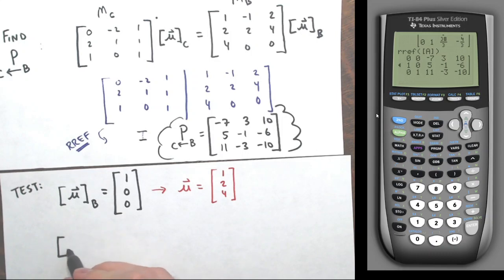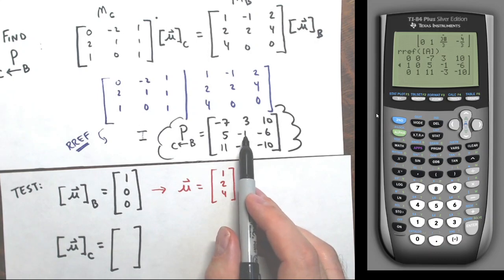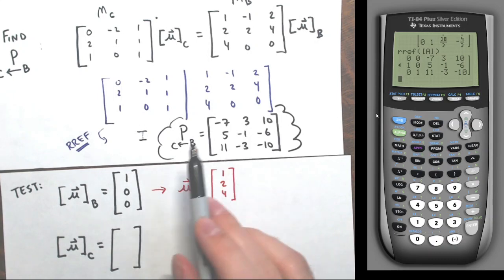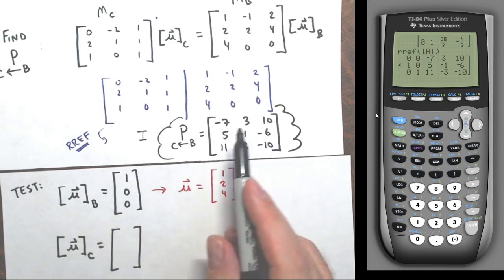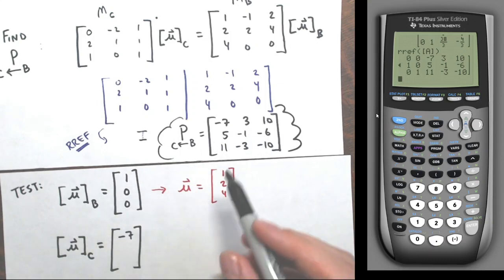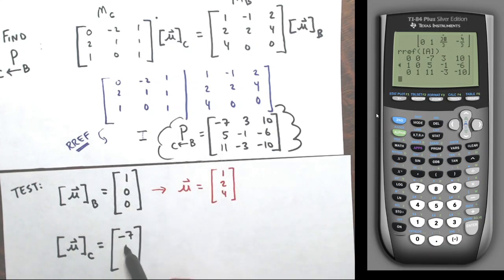The coordinates of U with respect to basis C will end up being a 3 by 1. Multiplying this on the left, can you see how I just have negative 7 plus 0 plus 0, so negative 7, then 5 plus 0? It's just that first column, 5, and then 11. So the coordinates for this vector U with respect to basis C are negative 7, 5, and 11.